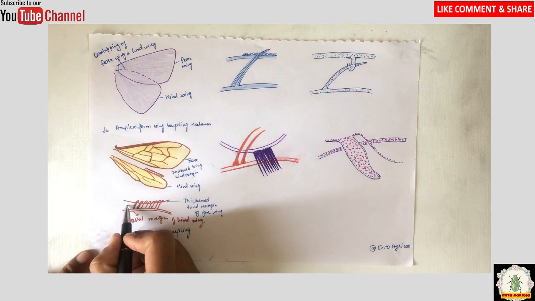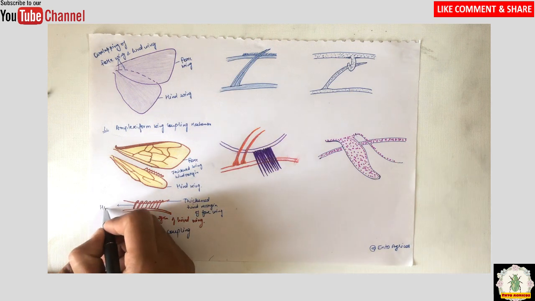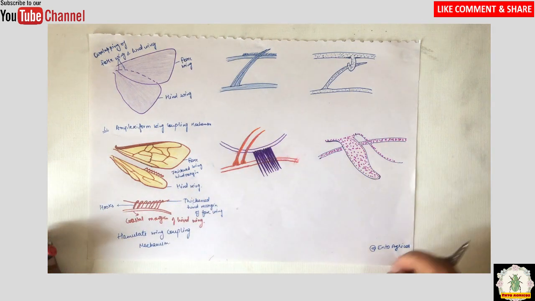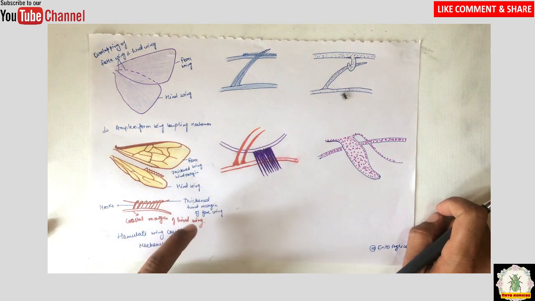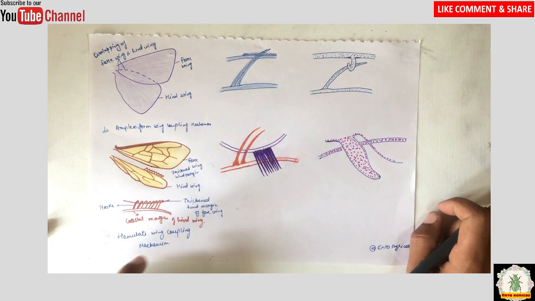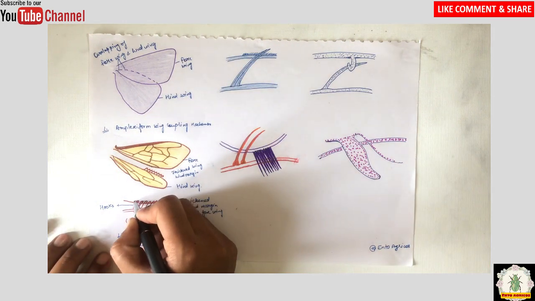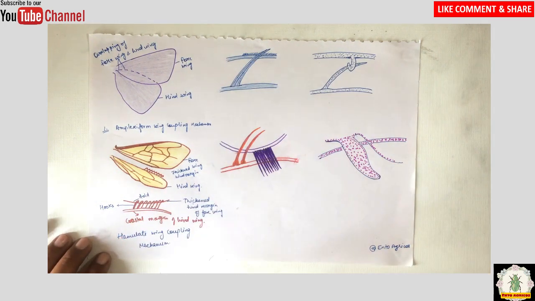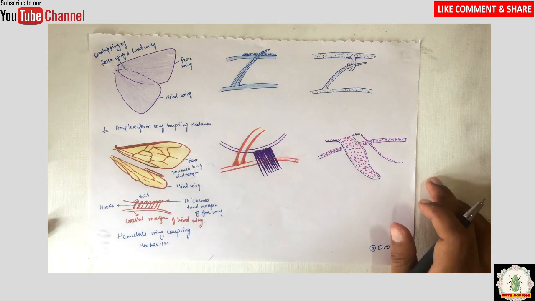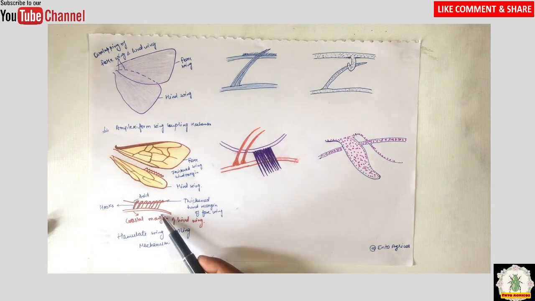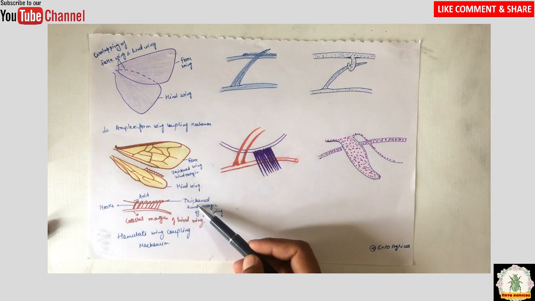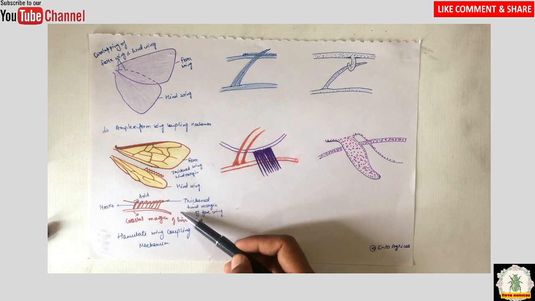This costal margin of the hind wing bears hooks. These are hook-like structures present on the costal margin of the hind wing, whereas the thickened hind margin of the forewing consists of a fold. So these hooks present on the hind wing get inserted into the hind margin of the forewing, that is, into the fold.